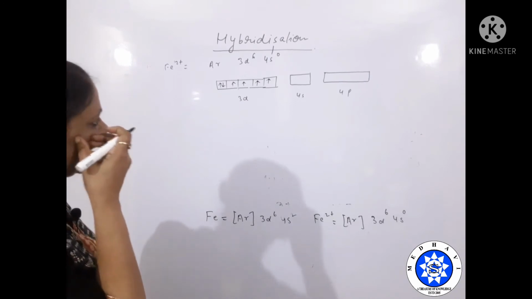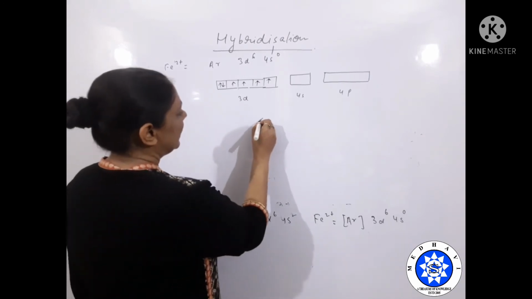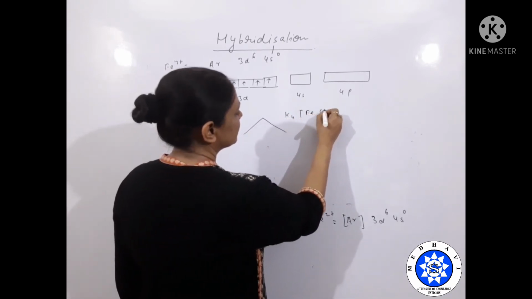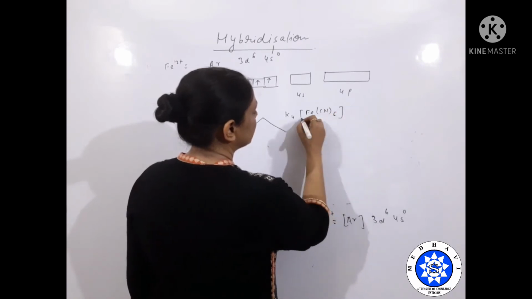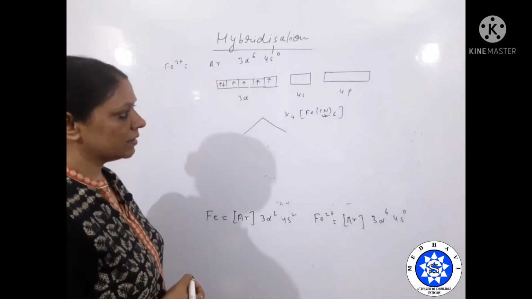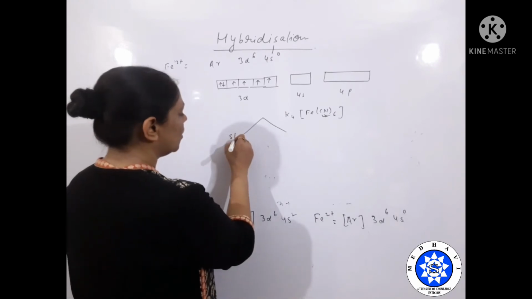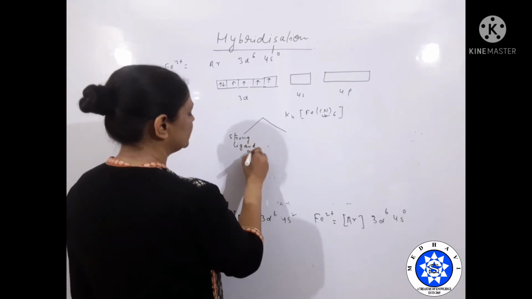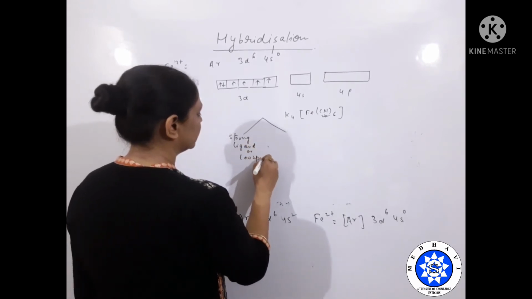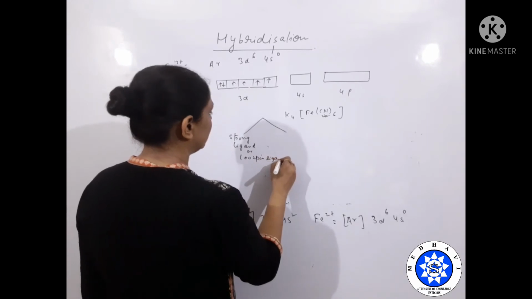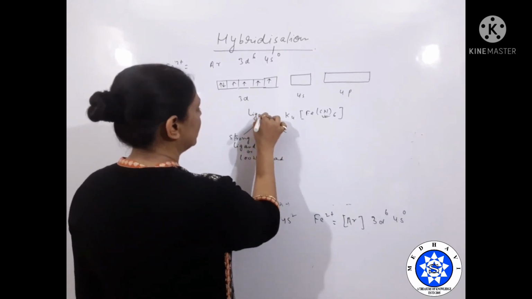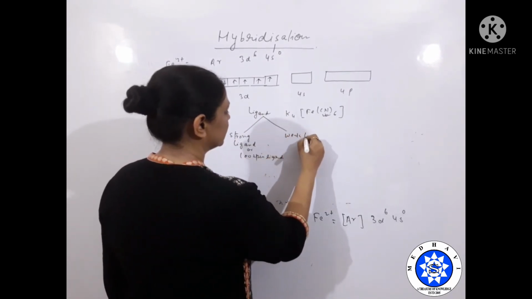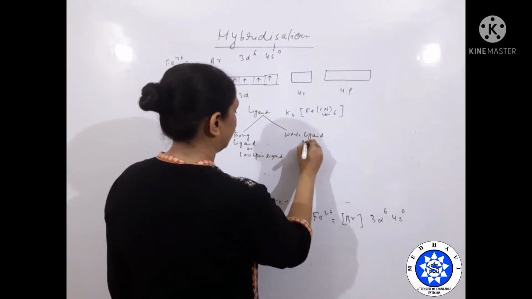After that we have to see the ligands. K4[Fe(CN)6], suppose this is a compound. Here these are the ligands, and the ligand is either a strong ligand or low spin, or weak ligand or high spin.